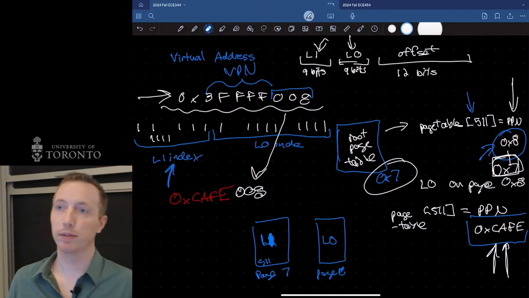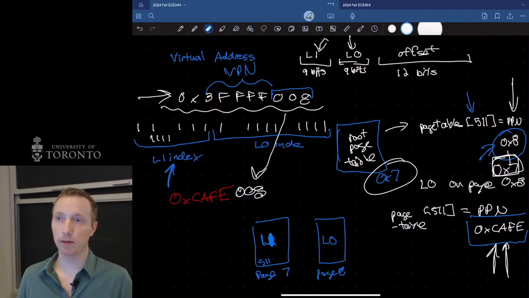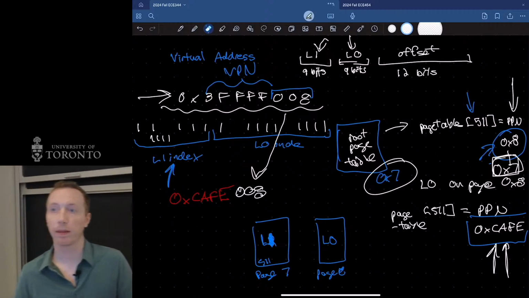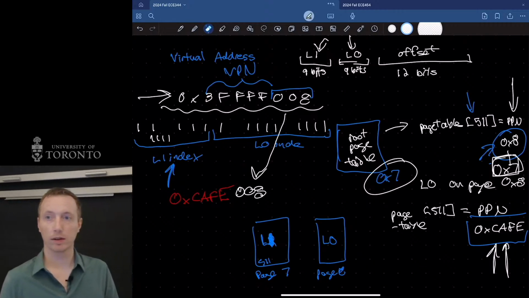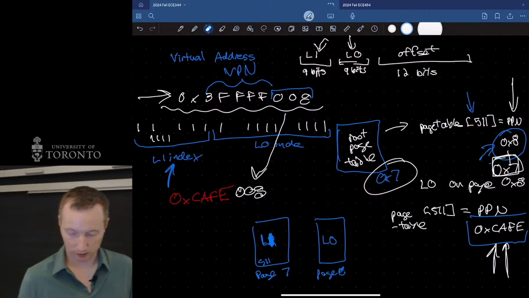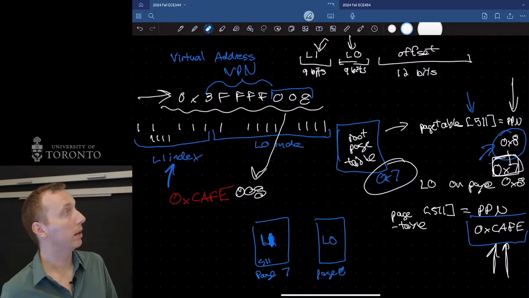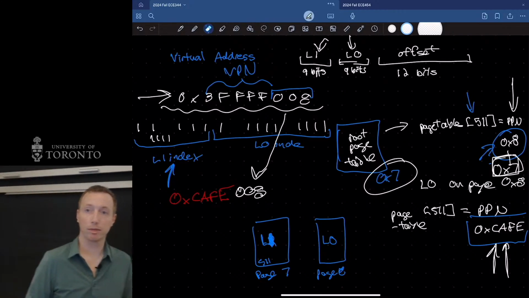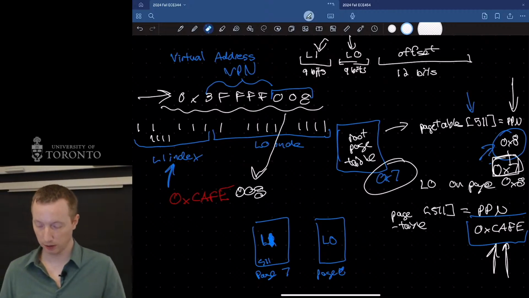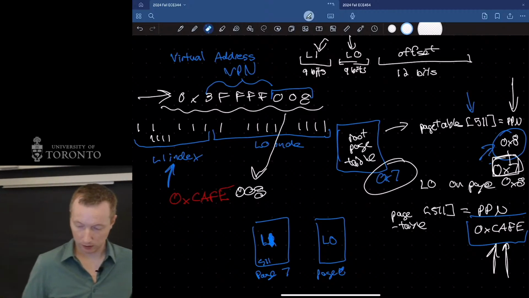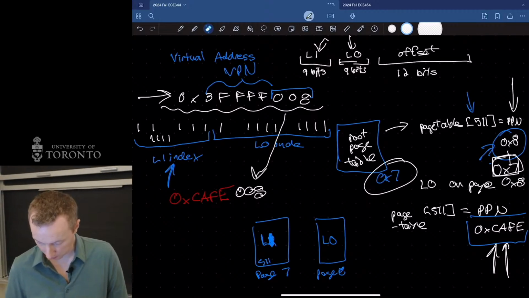Just a question. When you're going from L1 to L0, and you calculate... So then what happens to the original 0x3? Do we put 0x8 and then we translate that as well?